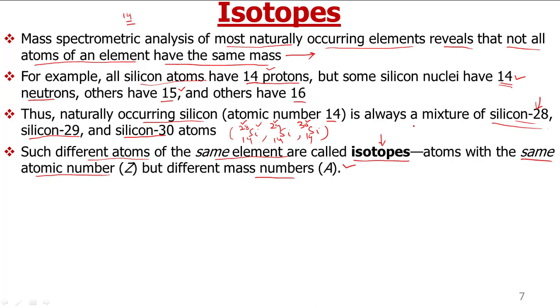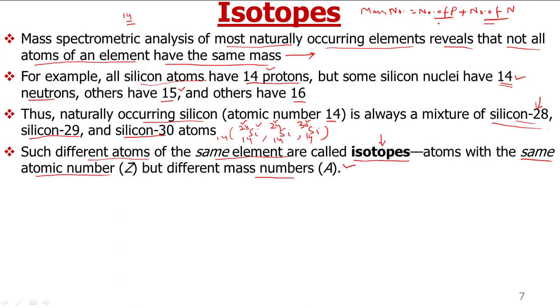Or we can say isotopes are atoms of the same element which have the same number of protons but different numbers of neutrons. Mass number is equal to number of protons plus number of neutrons.